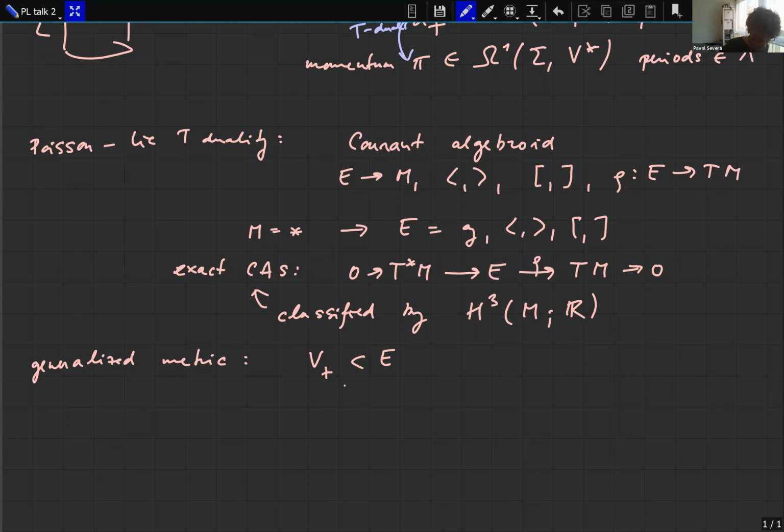The only thing that we need is that it should be positive definite. So when we take the pairing on E and restrict it here, it should be a positive definite pairing restricted on V plus. And when we take the orthogonal complement, I will denote it by V minus. So that's V plus orthogonal sitting in E. This guy should be negative definite.